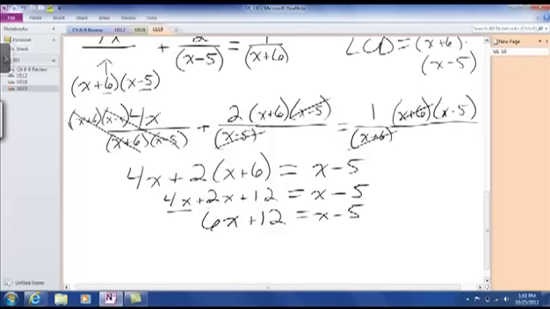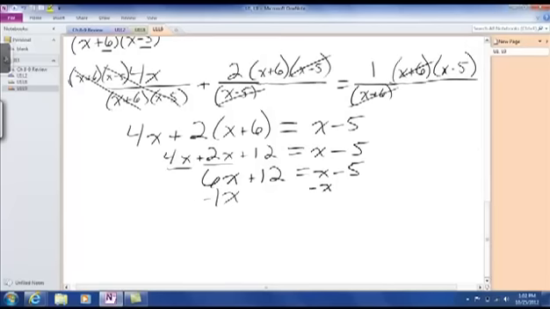Right? Just combined 4x and 2x to get 6x. Now I'm going to subtract this x from the right to move it over to the left. And remember, this is like a 1x. I'm just subtracting 1x. 6x minus 1x is 5x plus 12 equals negative 5.